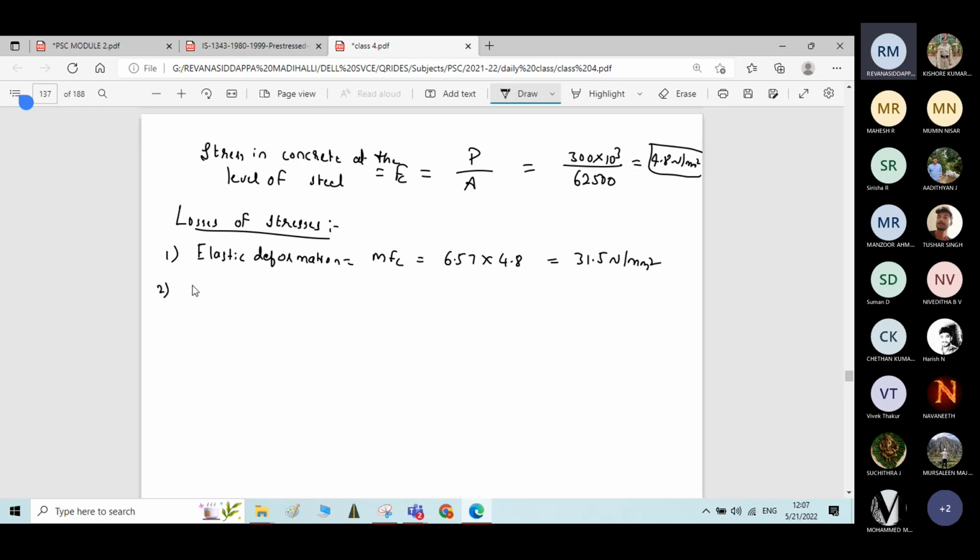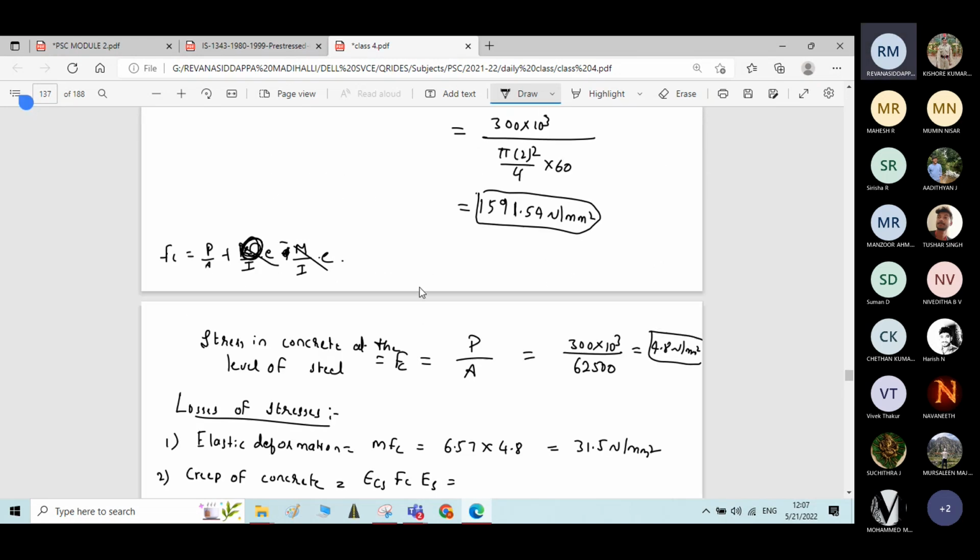Second one is loss due to creep of concrete. The formula is epsilon CS into FC into ES.